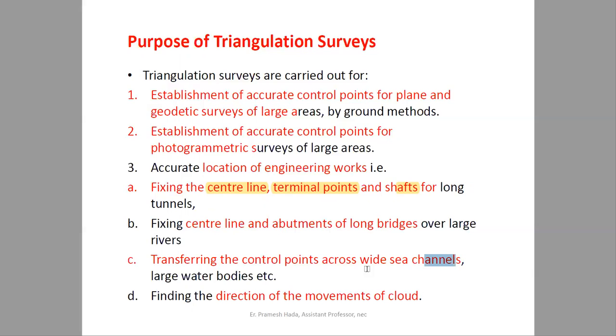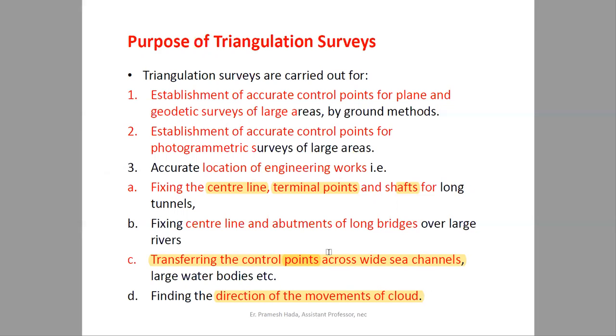We also use this in seaways. Finding the direction of movement of clouds: there we also use triangulation survey.